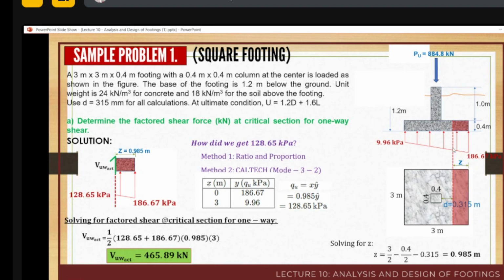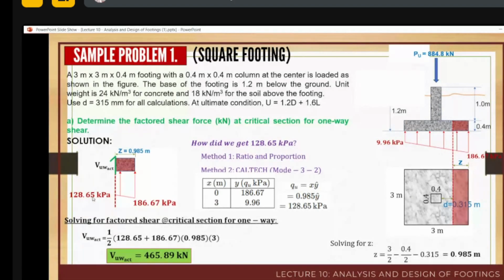for this portion here, again, the shear capacity: the factored shear will be equal to the q unit of our soil pressure. It is given, so we equate it, but to solve for the q unit, we just have to determine the area of this portion, which is trapezoidal.